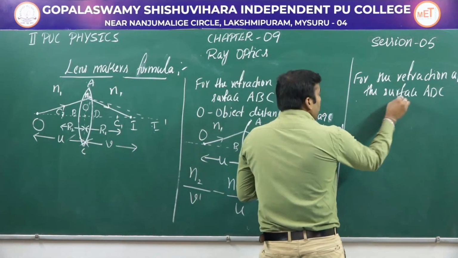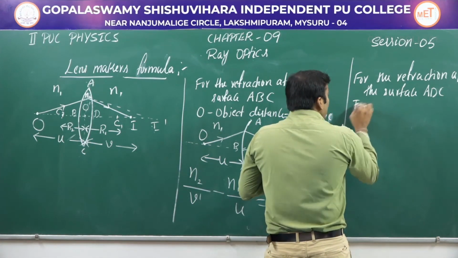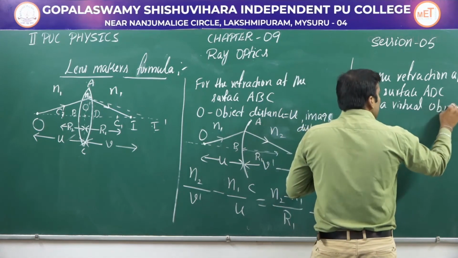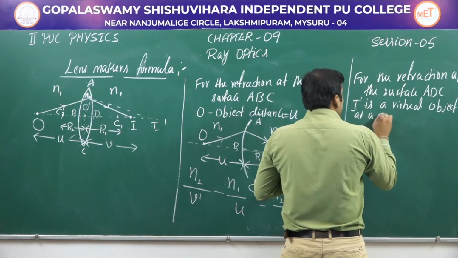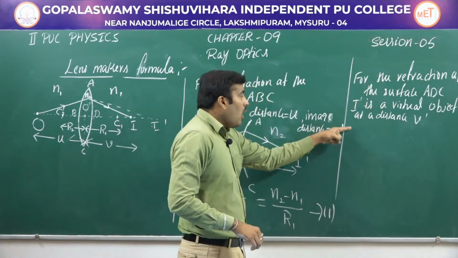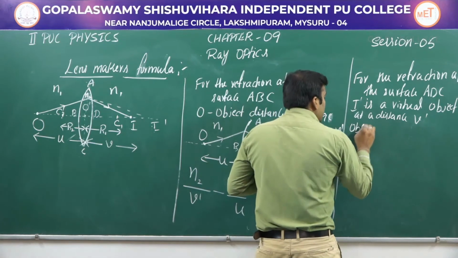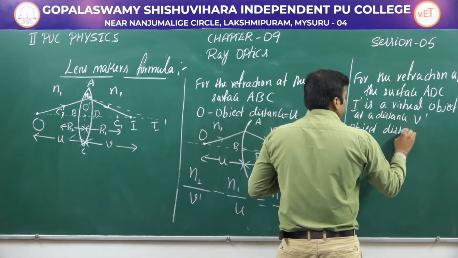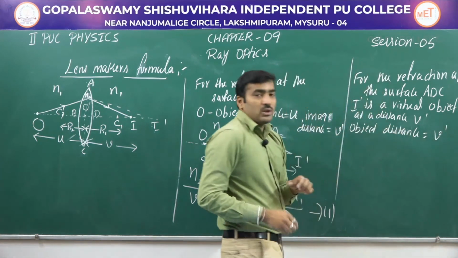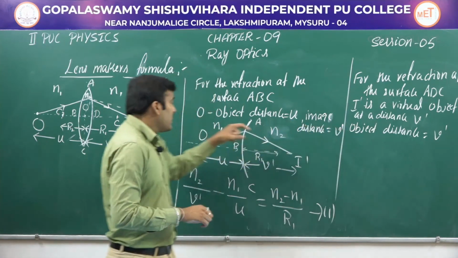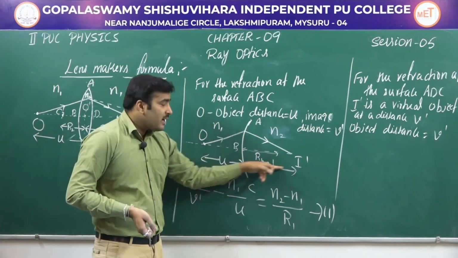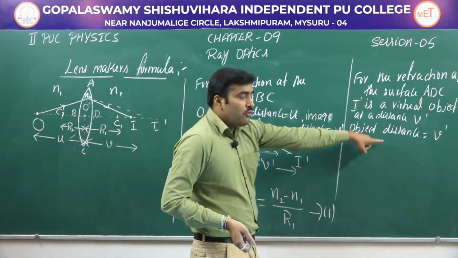So for the refraction at the surface ADC, I dash is a virtual object at a distance V dash, so the object distance is V dash.